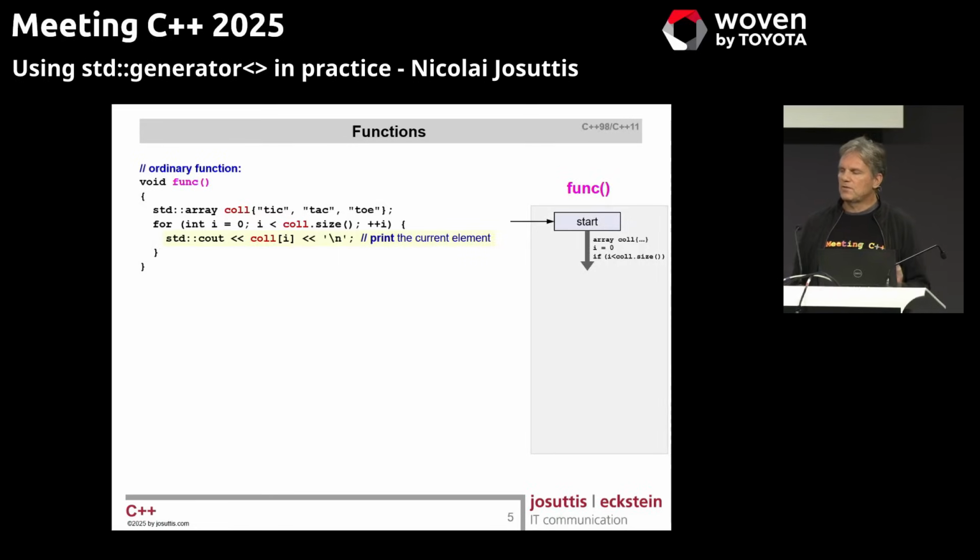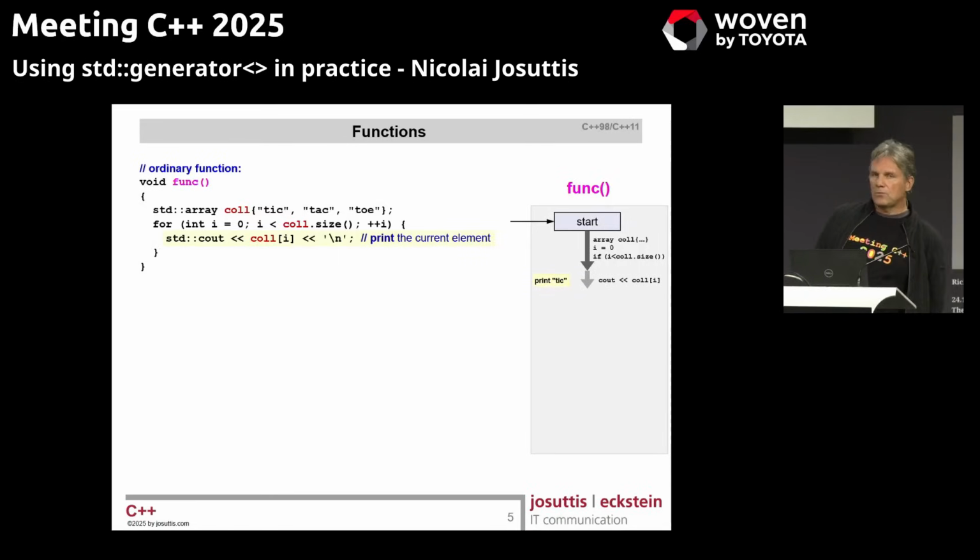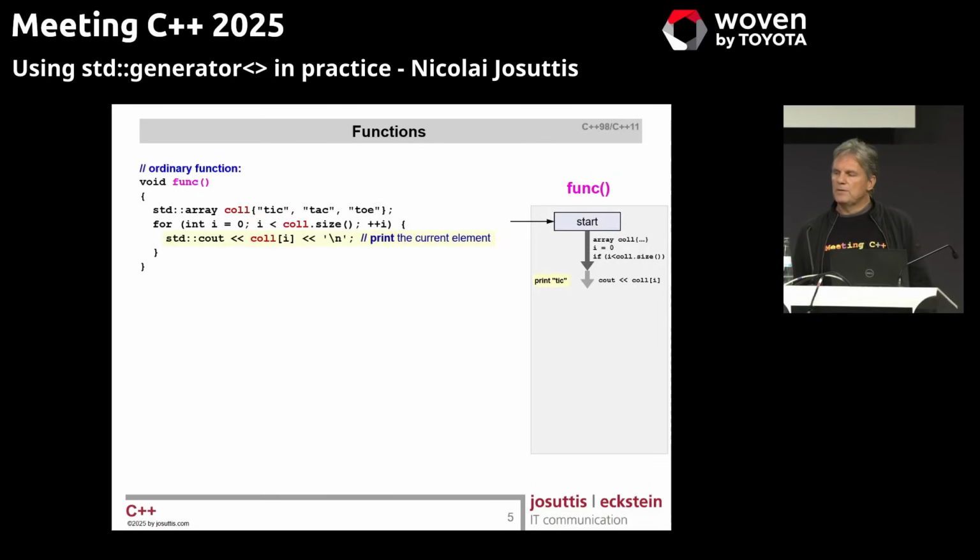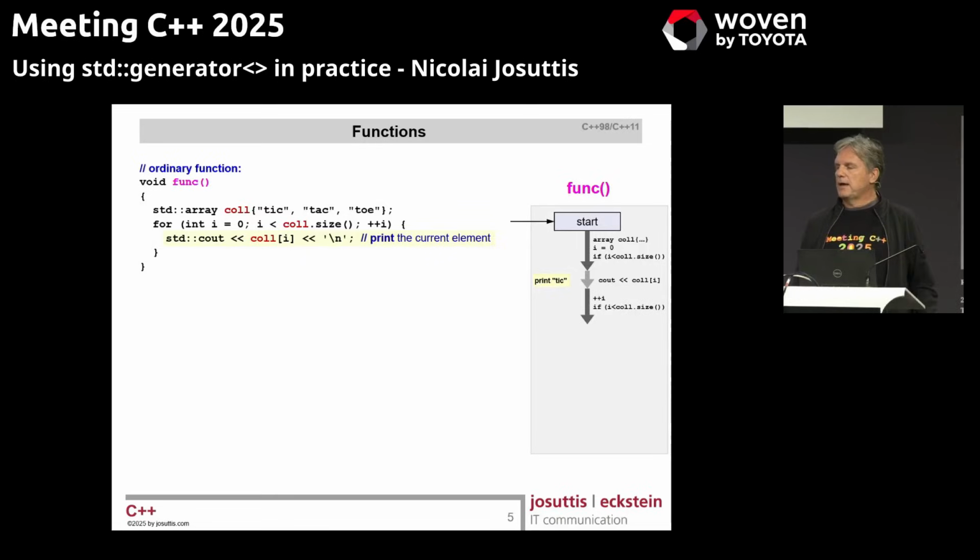The body prints out the value in the array with the corresponding index. So the first value printed out here is tick. We continue this loop with ++, which means we come to the next element, and we print out tuck.